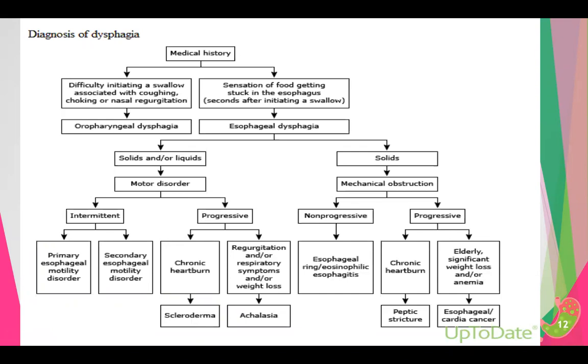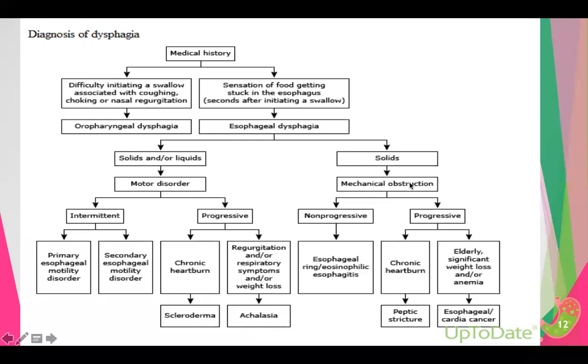So there's a decrease in the food passage and regurgitation. If they have regurgitation and respiratory symptoms and or weight loss, then they could have achalasia, which is a narrowing, it's actually nerve damage in the esophagus.